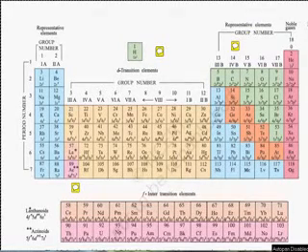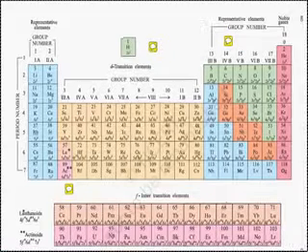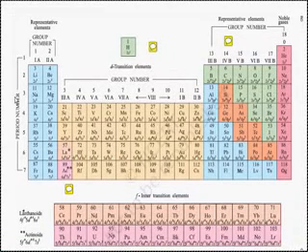Or transuranium elements. Group 1 elements can lose one electron from their outermost orbit and form +1 ions easily. Similarly, group 2 elements can lose 2 electrons from their outermost orbit and form +2 ions easily.